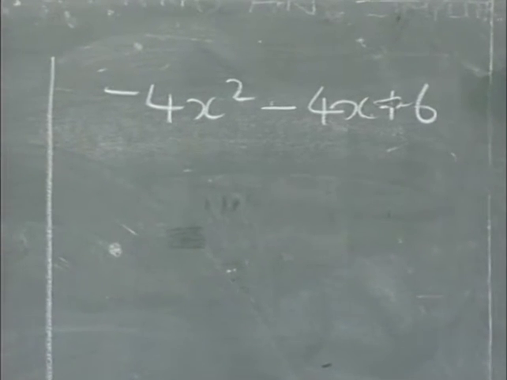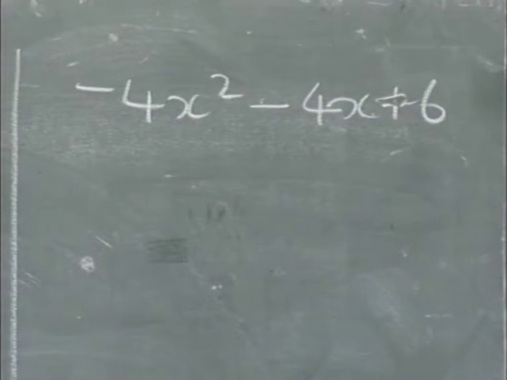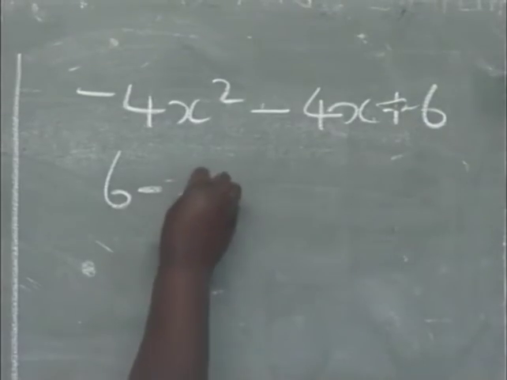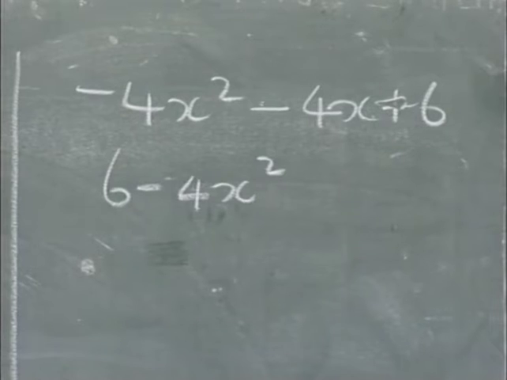Come on, I'm sure there are some of you with different answers. Let's see. Rita. Six minus 4x squared, 4x. Like this? 6 minus 4x squared. Another one? Livingston? No? Anyone with another answer?